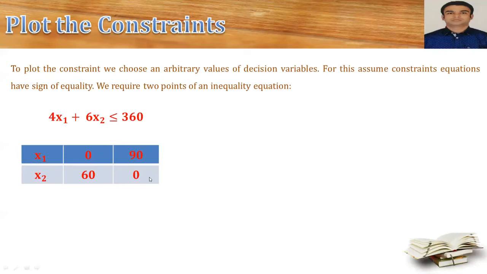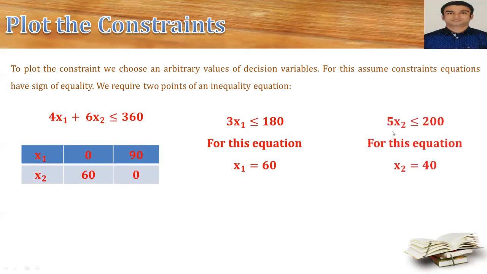These 2 points. Our second constraint is 3x1 is greater than or equal to 180, meaning x1 is equal to 60. For every value of x2, x1 is constant, 60.